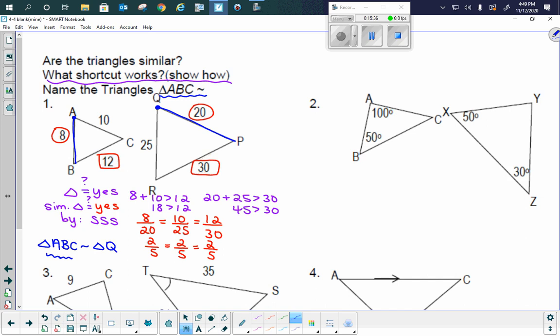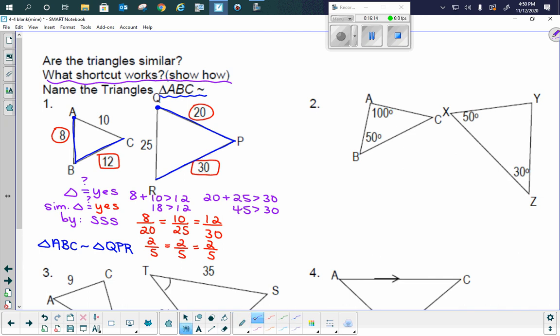So I started at Q, I went to P next, and by default, the last letter has to be R. But if you want to prove it to yourself, I'd be going from B to C across the square, so I'm going to go from P to R across the one that is boxed. So Q, P, R is the correct order based on what we just did, and that would be your final answer for naming the triangles.